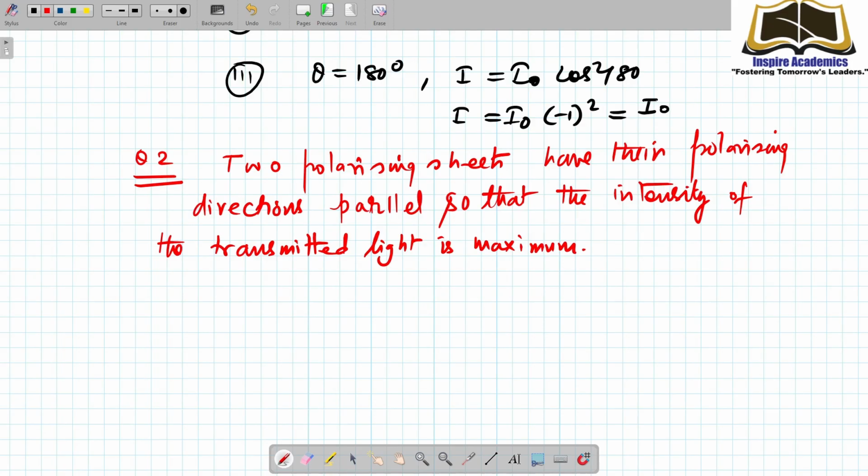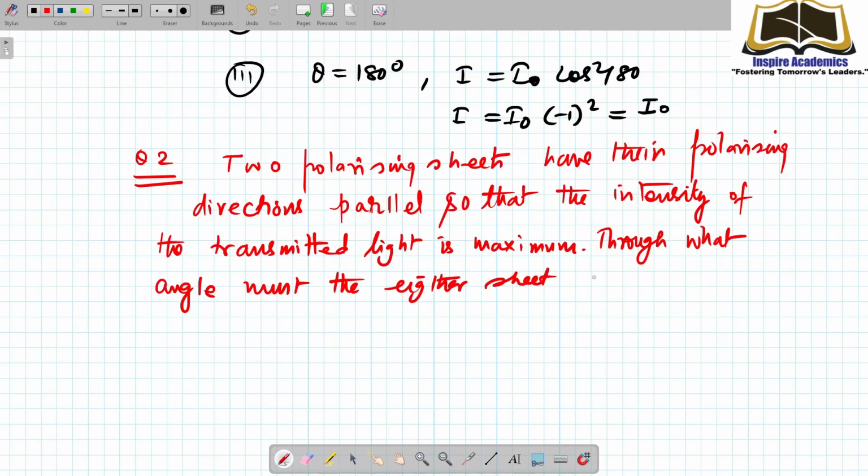Through what angle must either sheet be turned if the intensity is to be dropped by 1/2?